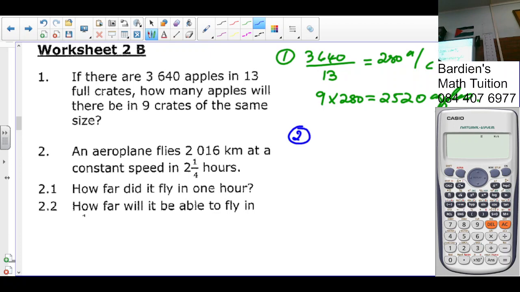Okay, number 2. An aeroplane flies 2,016 kilometers at a constant speed in 2 hours and 15 minutes, or 2.25 of an hour. So here they want to know how far did it fly in 1 hour.